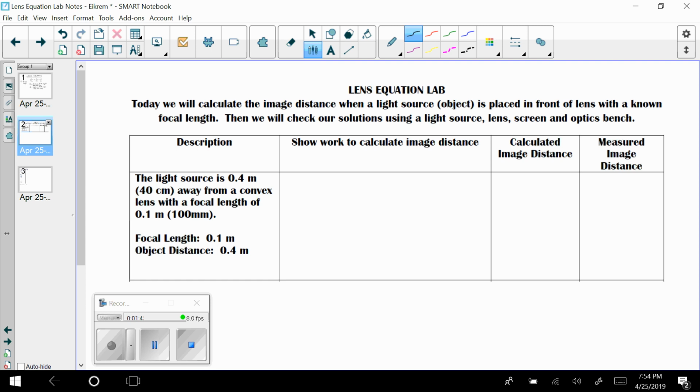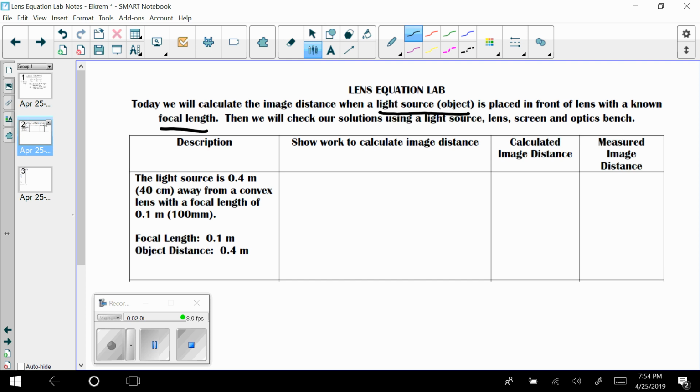Today it says we will calculate the image distance when a light source, which would be an object, is placed in front of a lens with a known focal length. And we will check out our solutions with a light source, lens, screen, and an optics bench. So we're going to do the calculations first, and we're going to save the checking out the solutions for later.